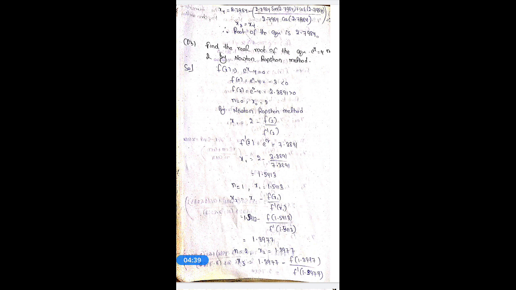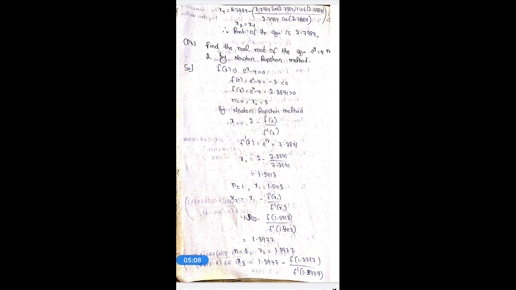According to Newton-Raphson formula, the second iterated value x2 = x1 - f(x1)/f'(x1). What is x1? x1 is equal to 1.5413. What is f(x1)? f(1.5413). What is f'(x1)? f'(1.5413).